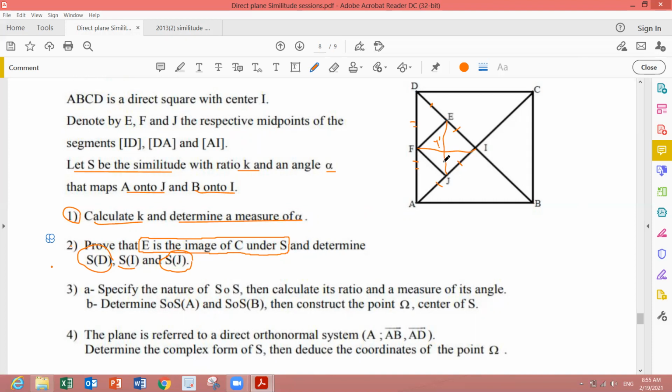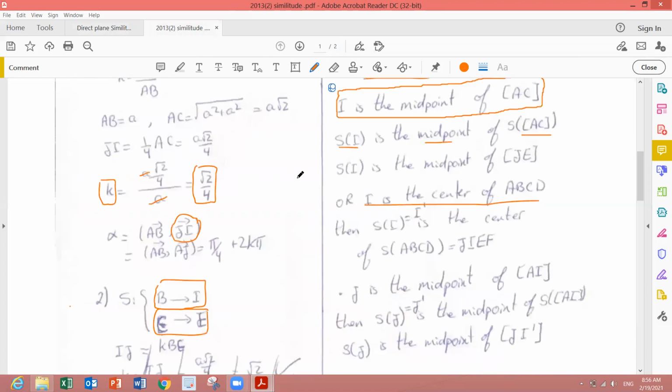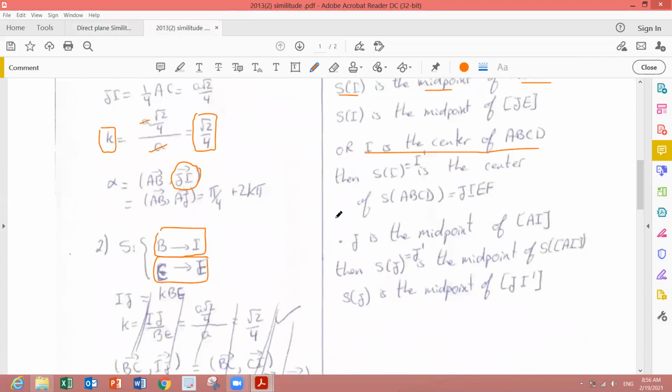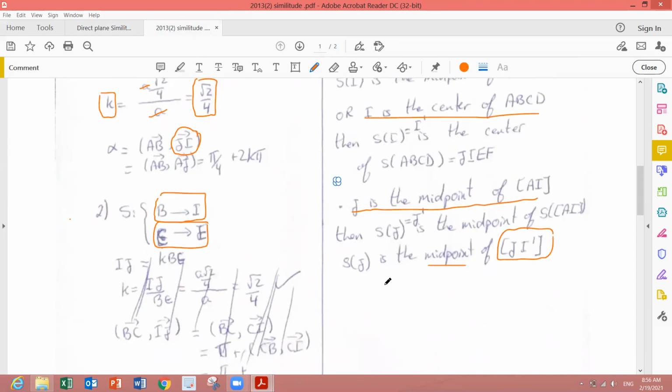Here J is the midpoint of AI, then S of J, J prime, is the midpoint of S of AI, which is the midpoint of JI prime. Similitude conserves midpoint.